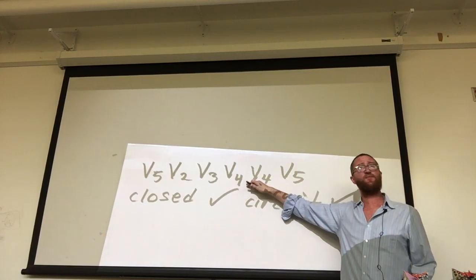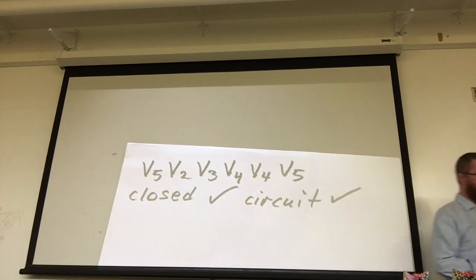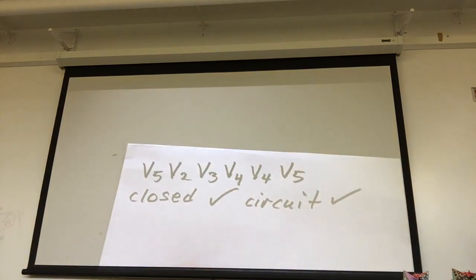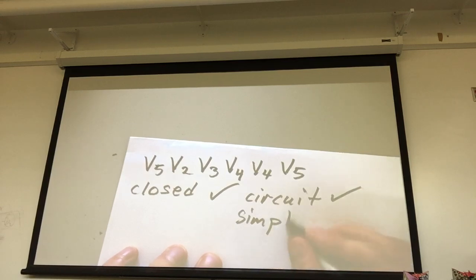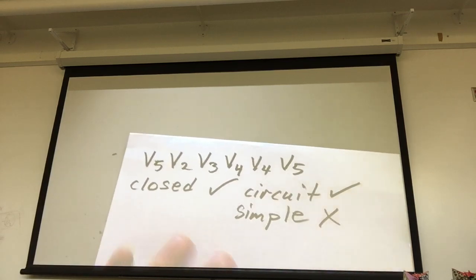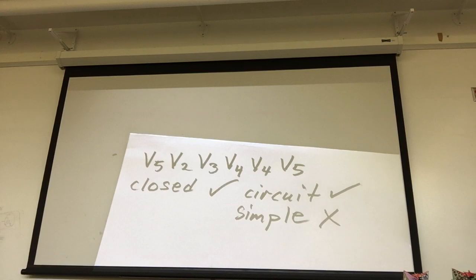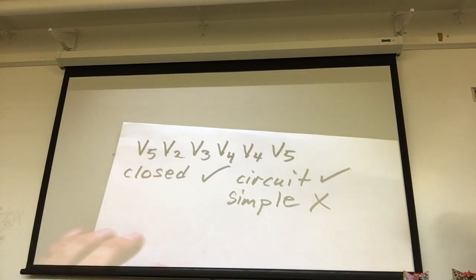So because we hit V4 twice, it is not a simple circuit. Simple as that.